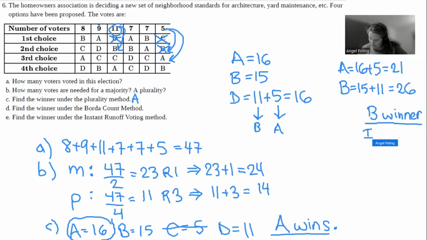So that one was your IRV winner, and that was C, skip D, or E. And now let's look at the Borda method.